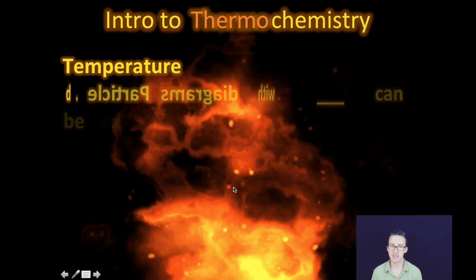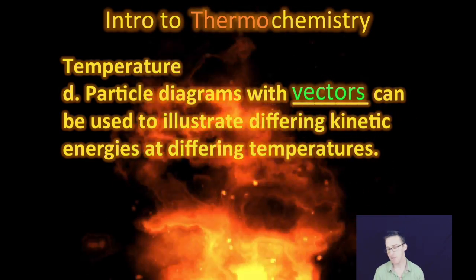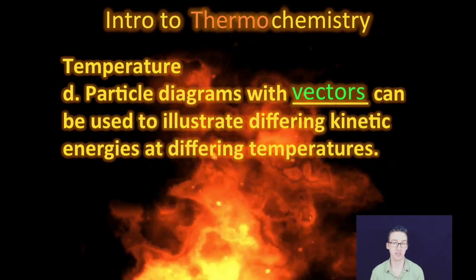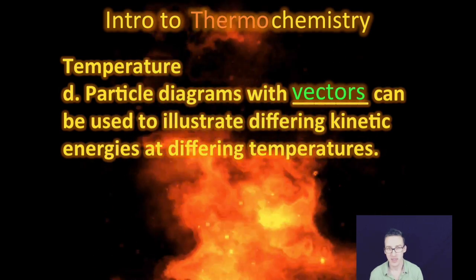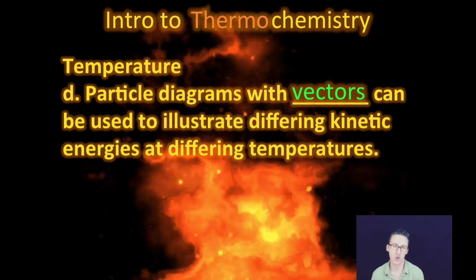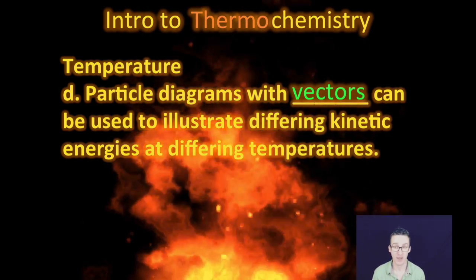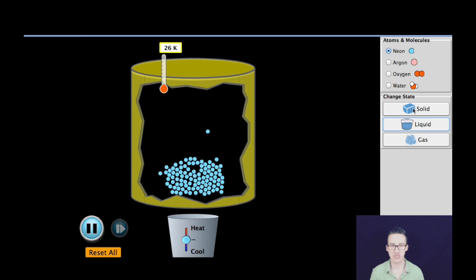Okay, and then the last thing to keep in mind as you try to remember all of the glorious things about temperature is that many times when you're asked to interpret what's going on with particles and their average kinetic energies, you are doing this on paper for a test, and you're not having a really exciting time using some online simulations. Oh my gosh, this is so much fun!